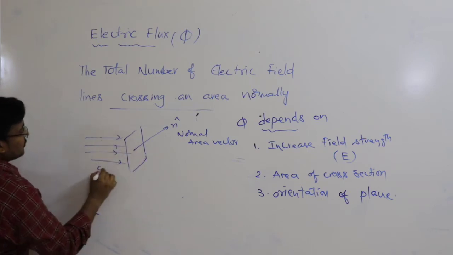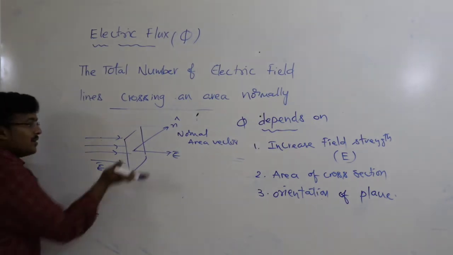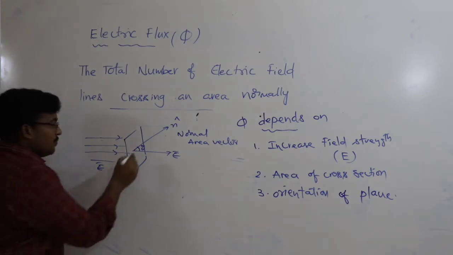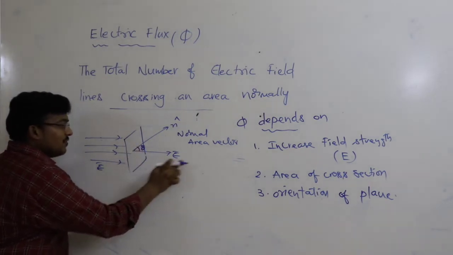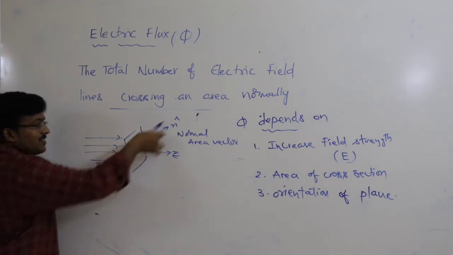This is the field. So field direction is E bar like this. So it means that this area vector is making an angle theta with electric field. So area vector is like this.